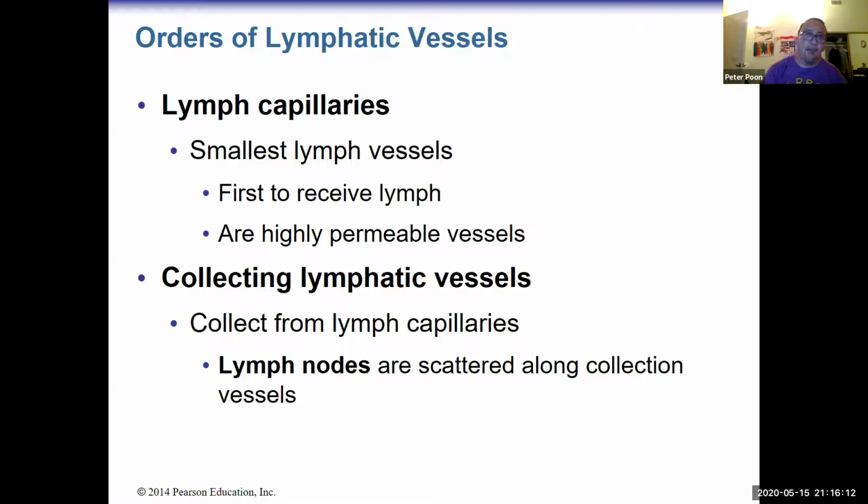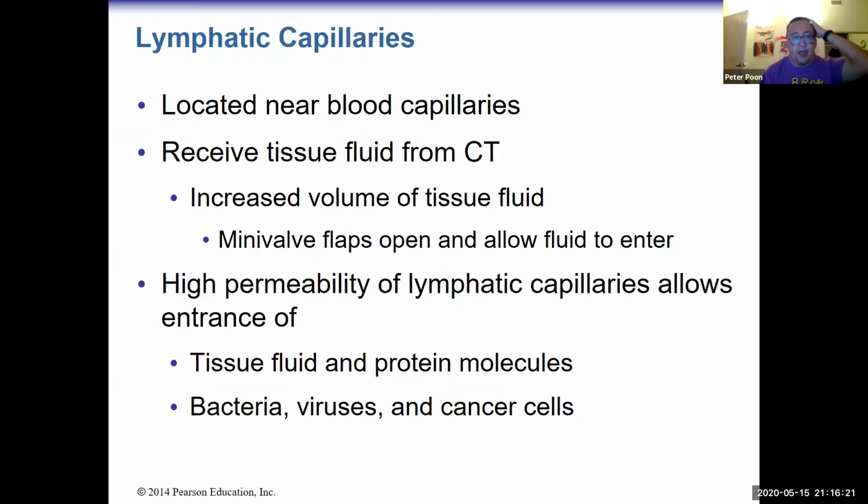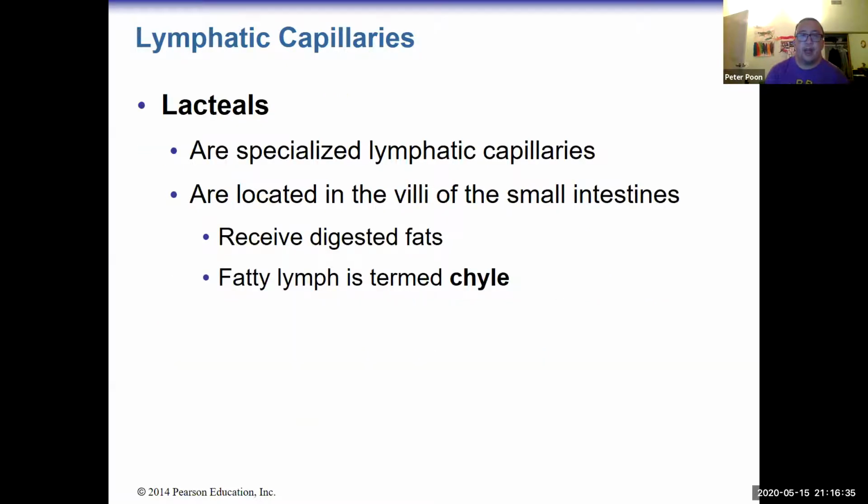I don't care about capillaries, collecting vessels, trunks, ducts, etc. That's not really important. What these capillaries do is they collect tissue fluid, and embedded in that tissue fluid are the bacteria, viruses, cancer cells, etc. In the digestive tract, you have specialized lymphatic capillaries called lacteals.